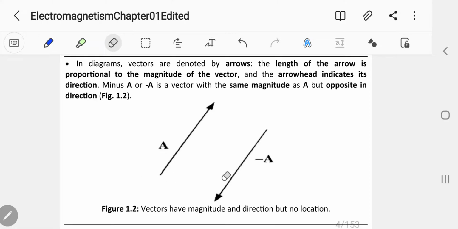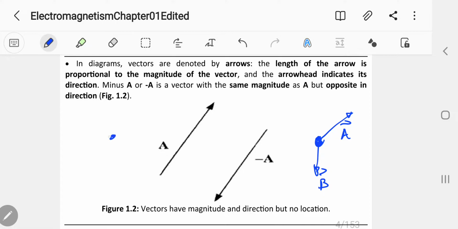By the way, two vectors can have different locations. If you have a vector A and a vector B here, this is called co-initial vectors, which means they are coming from the same point.